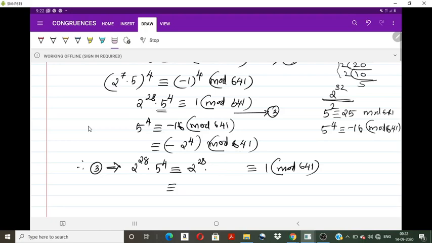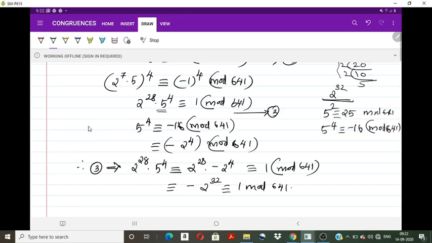So this is minus 2 raised to 28 plus 4, that is 32, is congruent to 1 modulo 641.